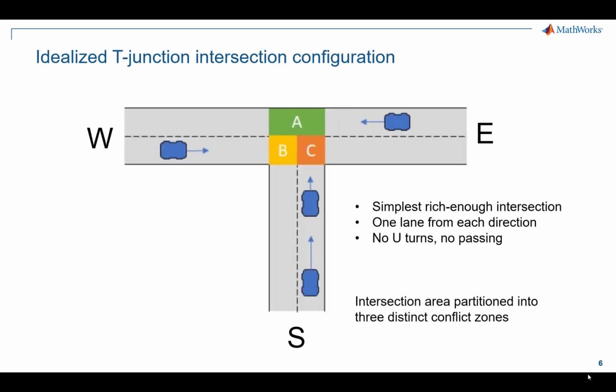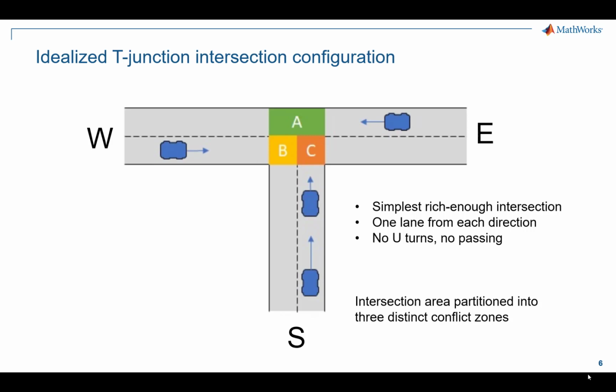In this paper, we consider an idealized T-junction intersection configuration, simply because it's the simplest yet rich enough intersection that has all these interesting interactions. We consider, for simplicity, one lane from each direction, which without loss of generality, we call west, south, and east. And we do not consider any U-turns or passing.